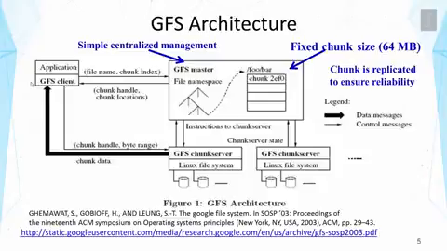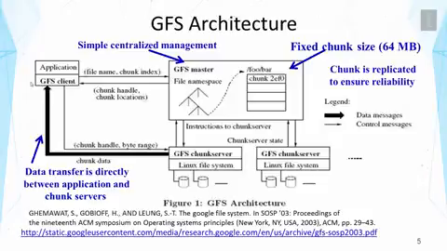So from the application perspective, the programmer would see this as if it's a normal file. The programmer doesn't have to know where exactly it's stored, and can just invoke high-level operators to process the file. And another feature is that the data transfer is directly between application and chunk servers, so it's efficient in this sense.